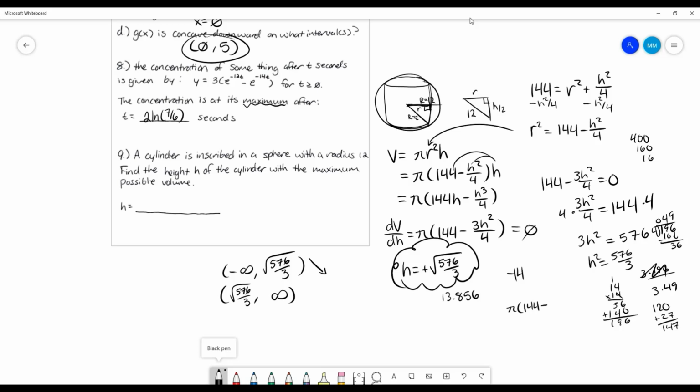I'm going to use a calculator instead. No, it's negative and decreasing. Well, that's no good, because that doesn't make sense. That means that it's decreasing the whole way too, doesn't it?